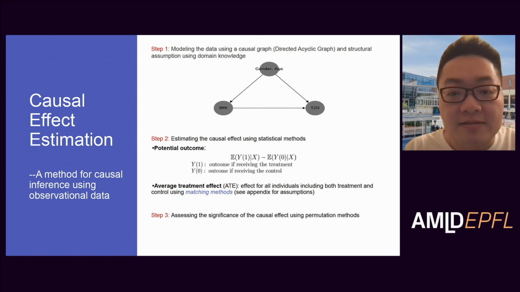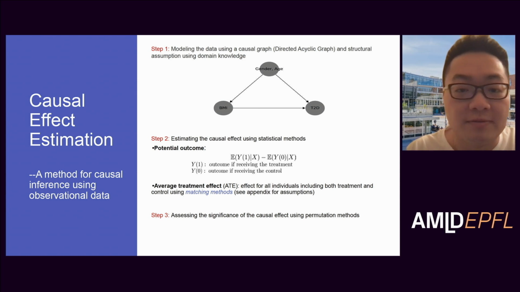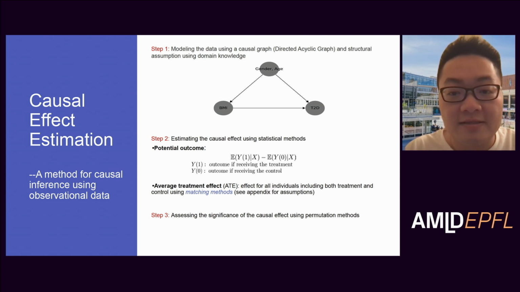And minus the expectation of Y0, where 0 means the control group, which is not obesity. And the expectation of Y0 also conditioning on X, basically conditioning on gender and age by controlling for gender and age. So we get something called the average treatment effect.